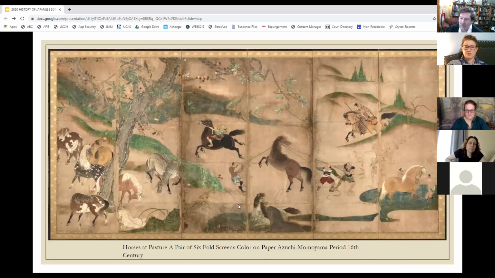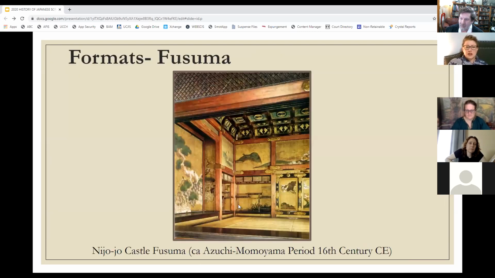Oops, excuse me. So let's talk about Fusuma. These are the wall panels. They're very similar to Byobu. They're sliding doors and they're just fixed wall panels.